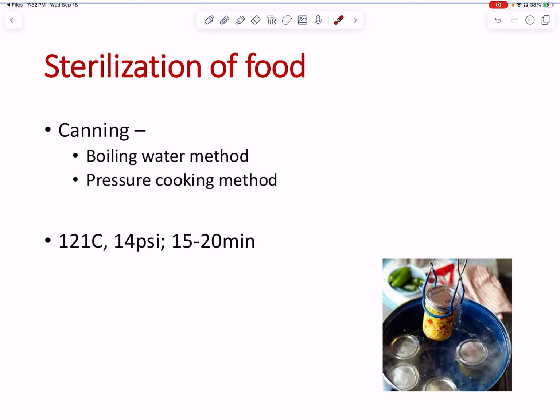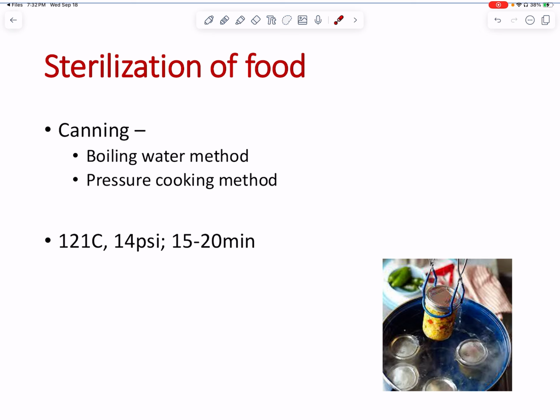Now, a lot of times this is some sort of steam heat or used with water. So we have this boiling water method here, and that's actually demonstrated right here in this image. And we also have a pressure cooking method, where it's essentially not sitting in a bath of water, but we are using extreme pressure, extreme heat, in order to eliminate microorganisms within a jar or a can.